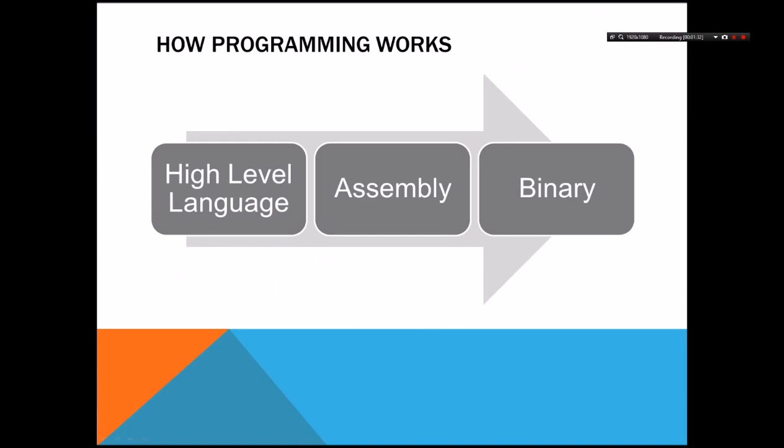So how does programming work? Programming works by when you write your code in a language like Java or C++. That's pretty much like a language that you understand, not really the computer at this point.